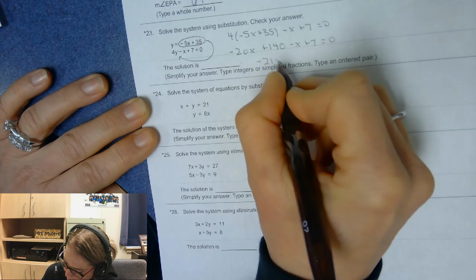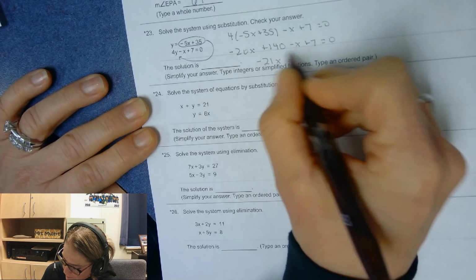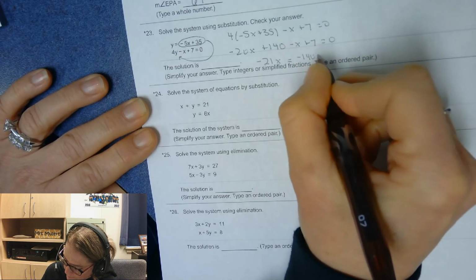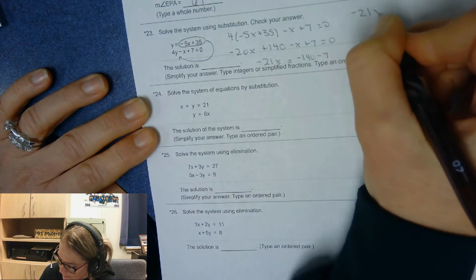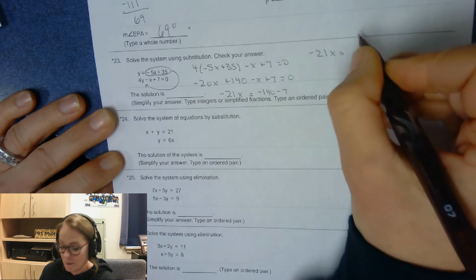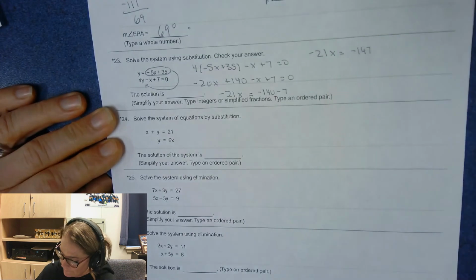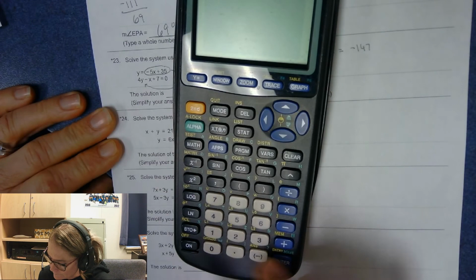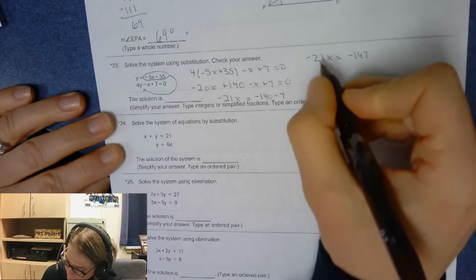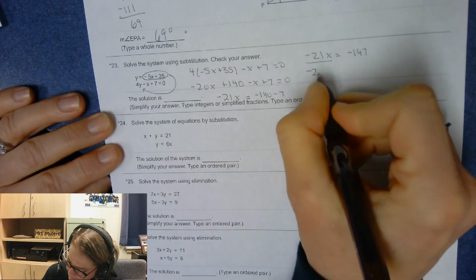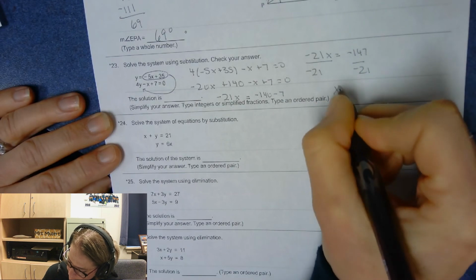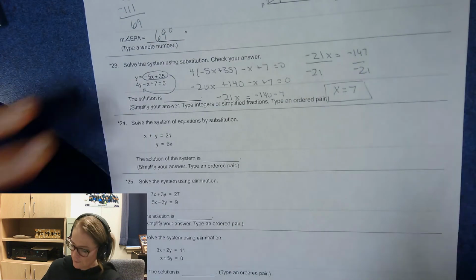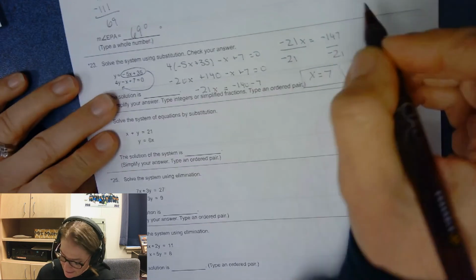Negative 21x is equal to negative 140 minus 7. Negative 21x is equal to negative 147. And it's going to be actually a positive 7 because that negative, this was also negative. Okay, so x equals 7, and just resub that in.